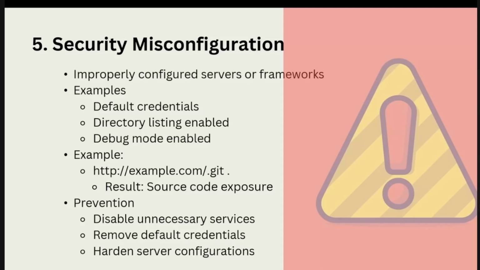The attacker can easily access the source code and understand the website, and it will be easy for him to attack. And the prevention is to disable unnecessary services which are not in use, remove default credentials, and harden server configurations.